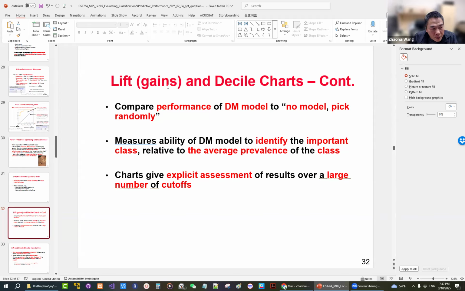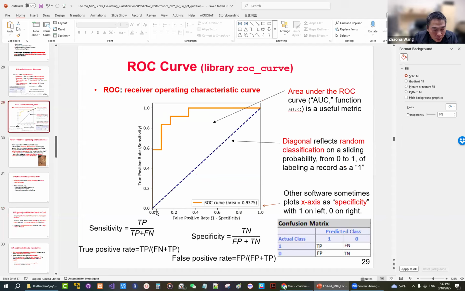And to obtain the lift chart, we need to apply many cutoff values. One cutoff value will be one point on the curve. Actually, we apply the cutoff value from 0 to 1. Then we can obtain different values in the vertical direction.